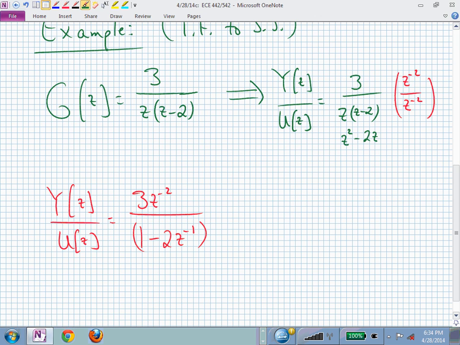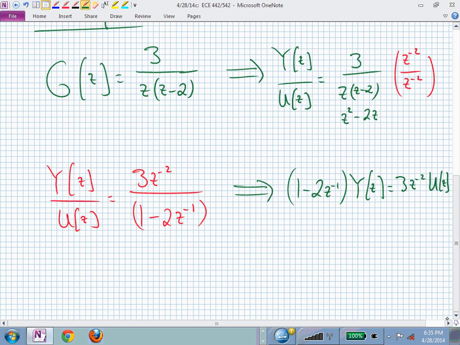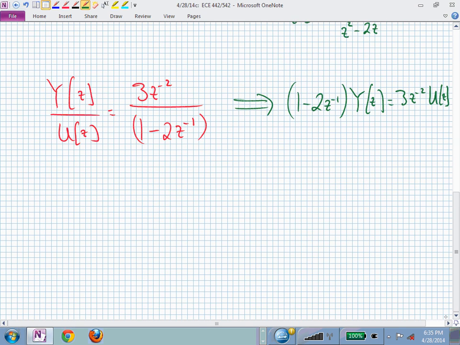And now the process, or one way, is to go ahead and cross multiply, get just one equation that involves the output and the input. Now have that expression, which, again, this is sort of a review for the final.